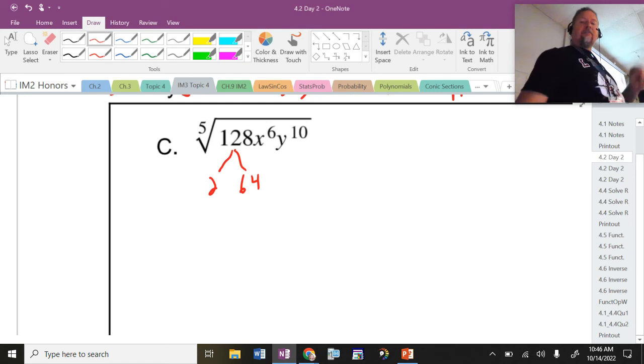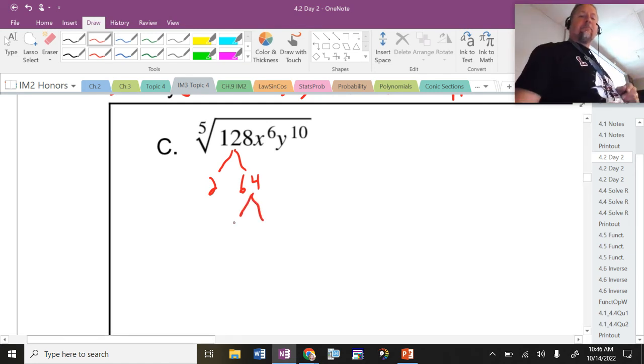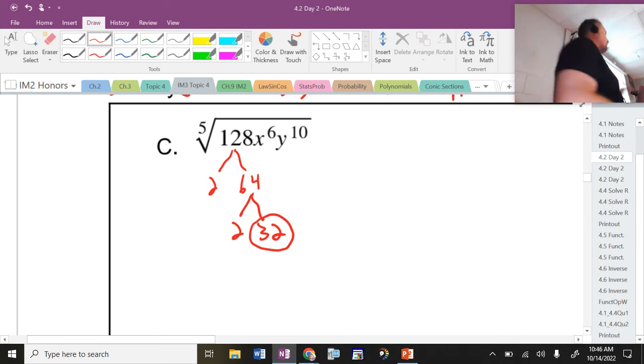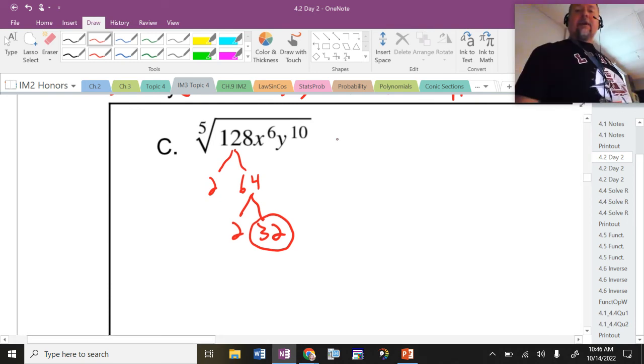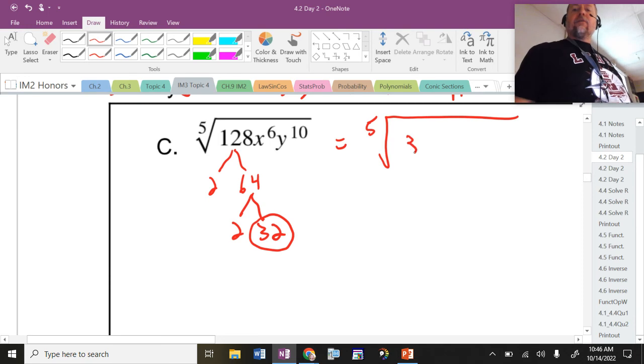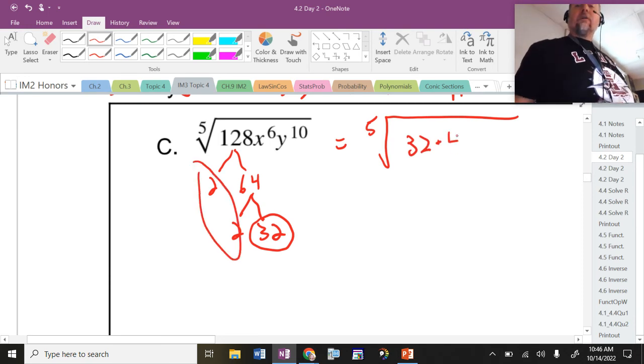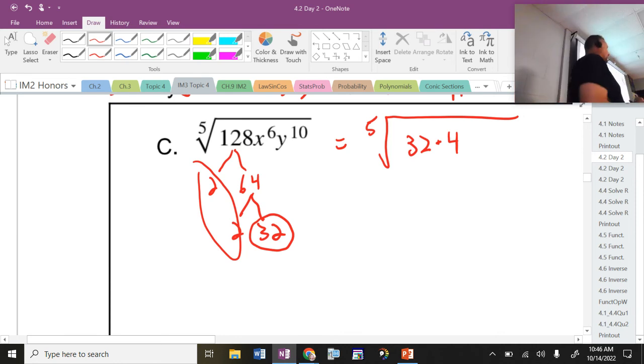Because I know if I divide 64 one more time, this is the 4th or 5th time in 2 days that I've seen 32 in a fifth root. Okay, so here's what I do. Now I'm going to write this as the fifth root of 32 and then times 4, because that's still equivalent to 128.